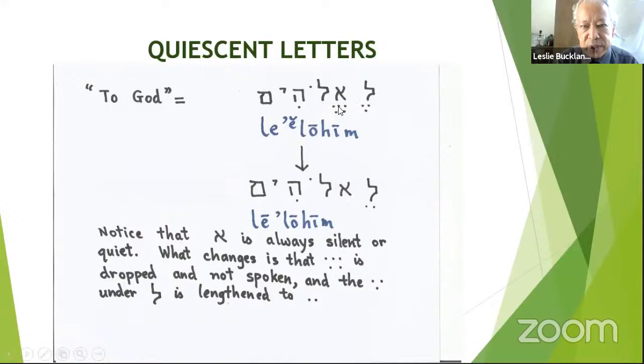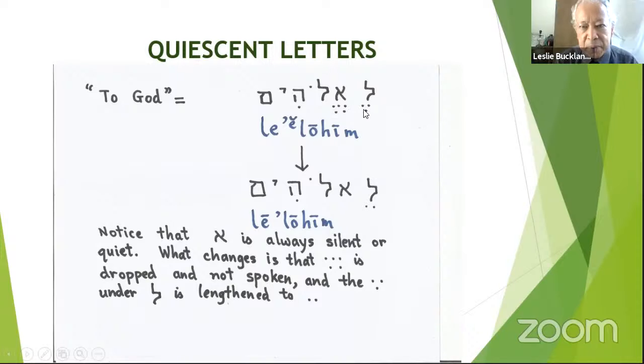And the rule also says that if it is a composite schwa, the preposition will take the short vowel that is in the composite schwa. And since the short vowel in this composite schwa is segol, then the simple schwa that was here originally will be replaced by the segol. Okay, so that is what happens.